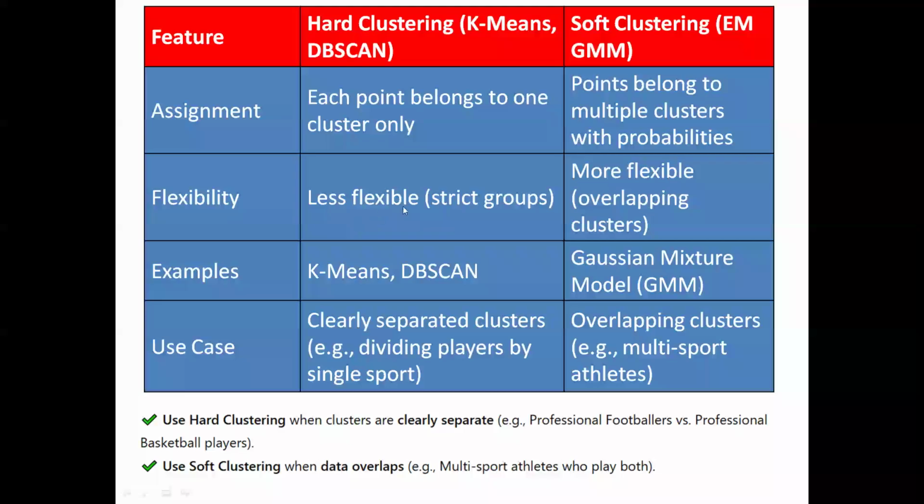As far as flexibility is concerned, hard clustering has strict groups. So where to use hard clustering? Where the clusters are clearly separable. For example, in a data set where we want to draw a demarcation line between these two sets, these two points.